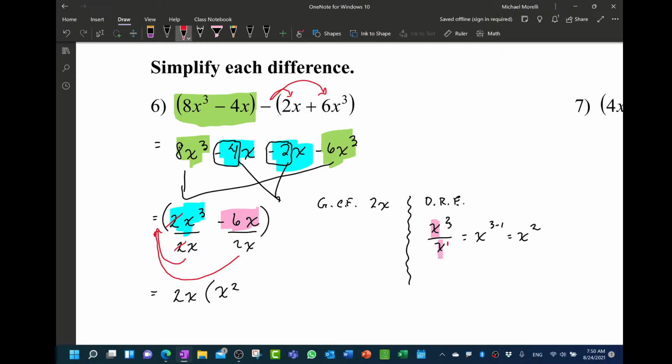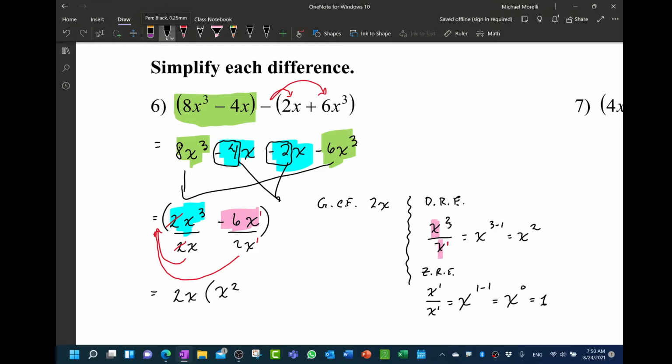And we can apply the division rule of exponents and the rule of a zero exponent. So let me show that over here. This is the zero rule of exponents. We've got x to the first power over x to the first power. I'm going to apply the division rule first, which says I subtract the exponents because the bases are the same. So I have x to the 1 minus 1. Now I have x to the 0. The zero rule for exponents states that anything raised to the power of 0 equals 1.